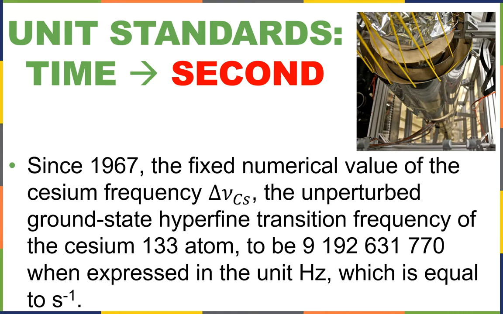Now, where does the second come from originally? Well, 24 hours in a day, and each hour is divided up into minutes, so there's 60 minutes in an hour, and 60 seconds in a minute. And so the mean solar day, the average time from noon to noon going throughout the full year, is 24 hours. That's the definition that they started with.